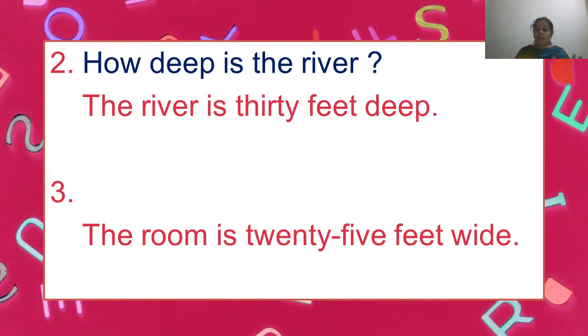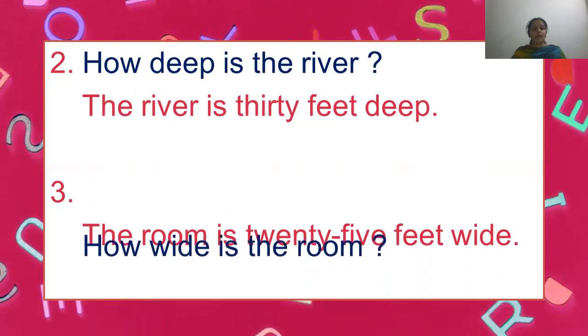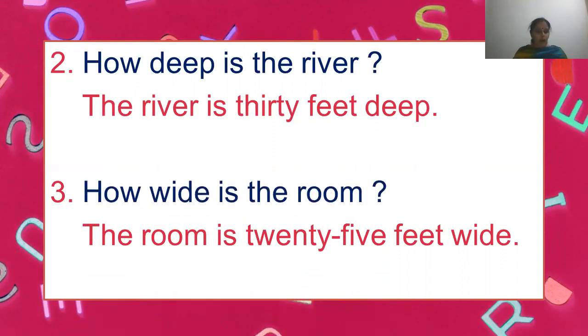We are describing the room. The answer has to be 25 feet, and I have to begin the question with how. So how will I frame it? How wide is the room? Clear? Let's see the next example.